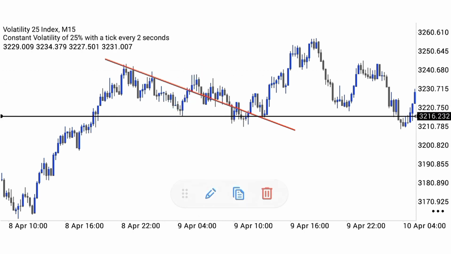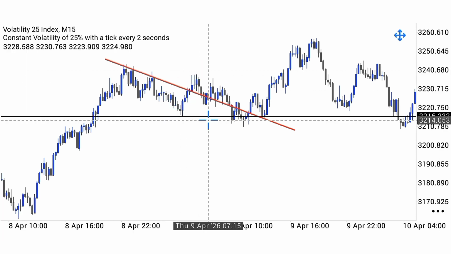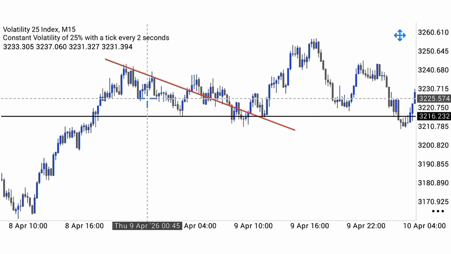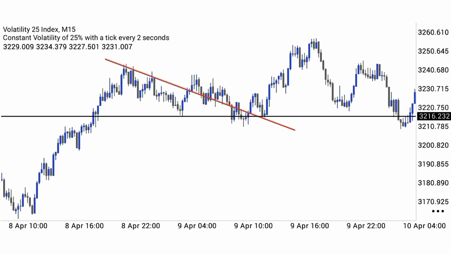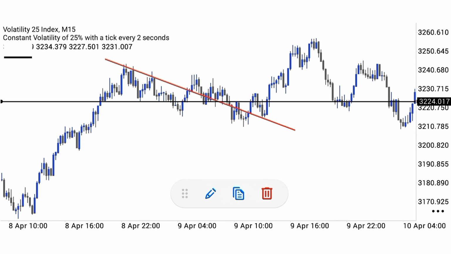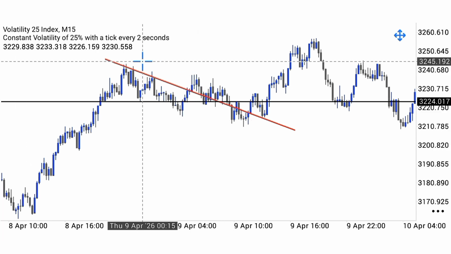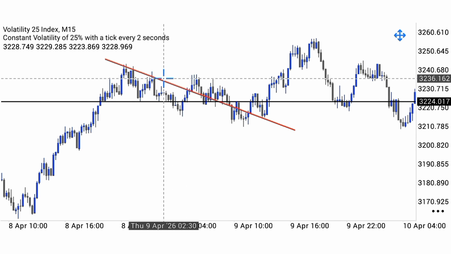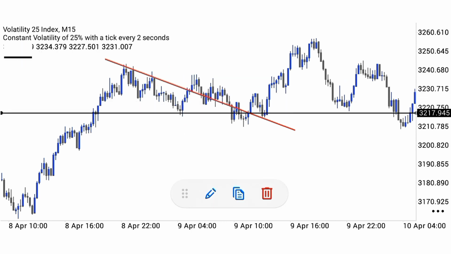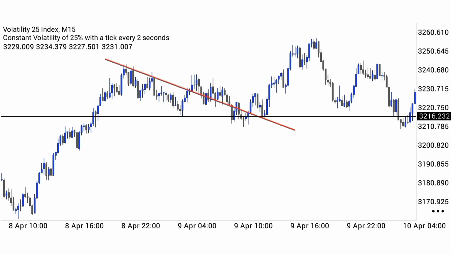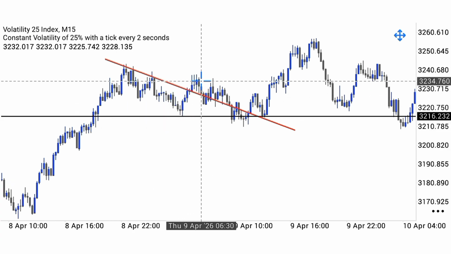If this one here was the last move before the breakout, we would have drawn our line there. But you can see that we used that place to draw our trend line. So there was nothing like a breakout there. And it was only after it got to this point here that the market broke out.